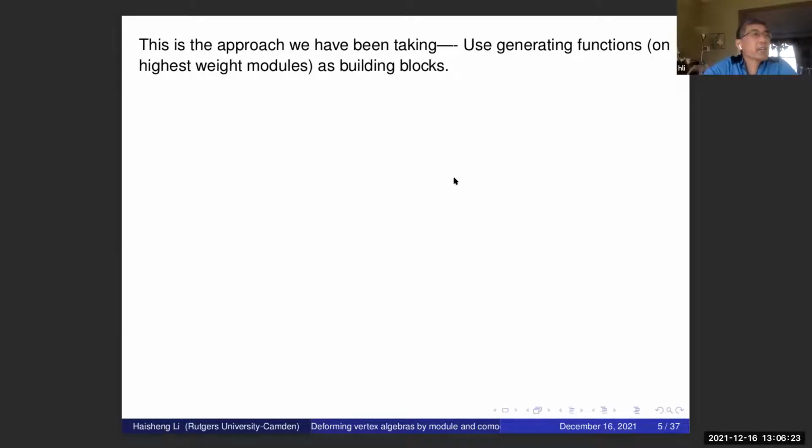I mentioned that we use generating functions as the building blocks. For this part, we don't have much choice. Usually, given an algebra, we roughly know the basis generators and we form generating functions. You could slightly change the generating functions, but it is essentially the same thing, so for those building blocks we cannot do much.